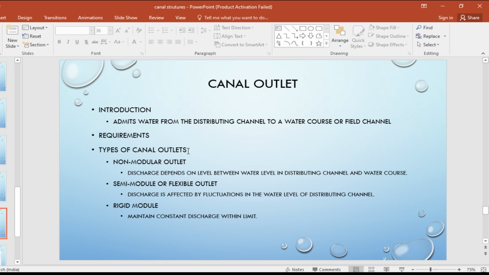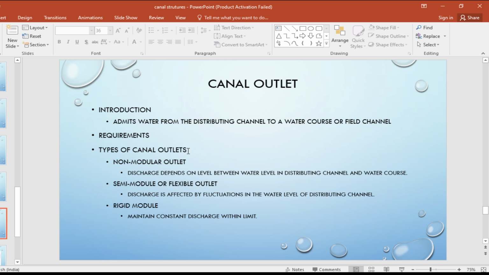However, from the canal regulation point of view, the outlet should draw proportionately more or less discharge with varying supply in the distribution channel, because the distribution channel also does not have the same supply.